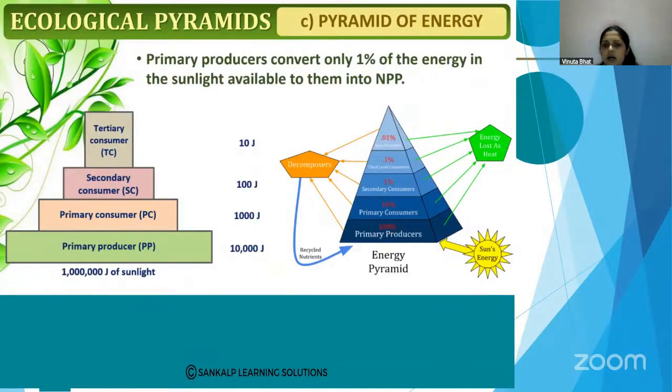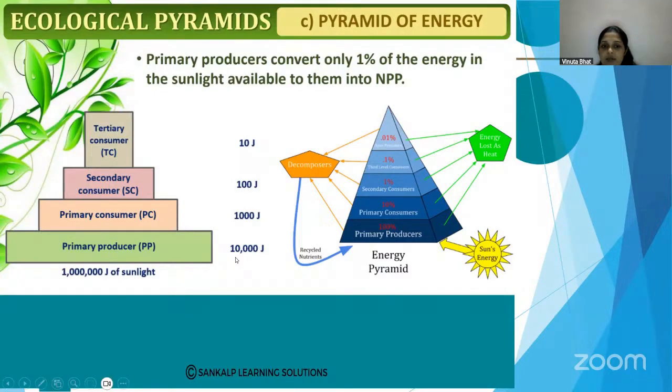So what is the amount of energy in the different trophic levels? Here, primary producers receive the energy from sunlight and produce more.